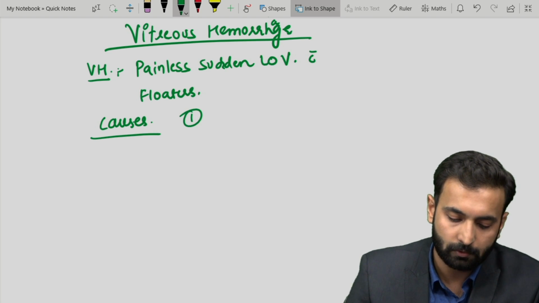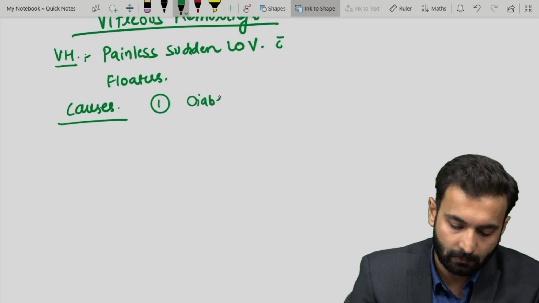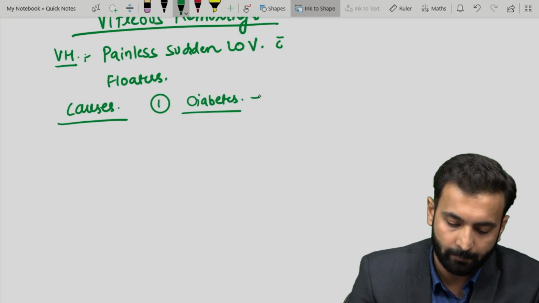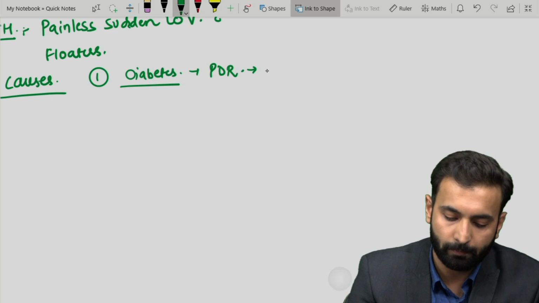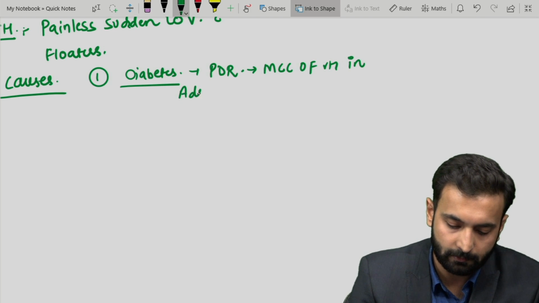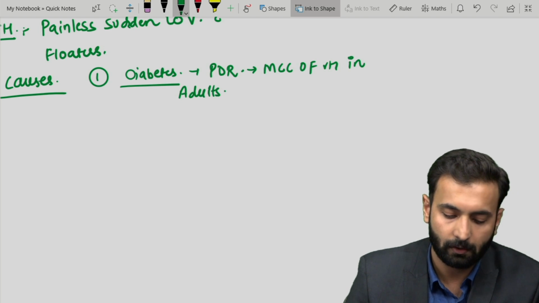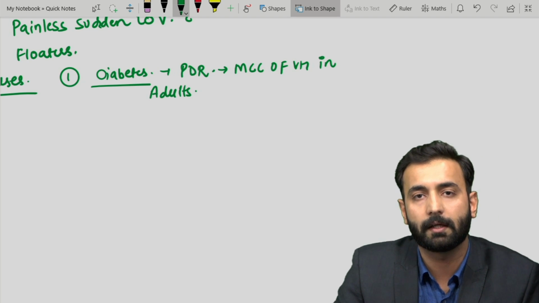The first and the most common one is diabetes, and in diabetes also it is proliferative diabetic retinopathy. It is the most common cause of vitreous hemorrhage in adults, right.